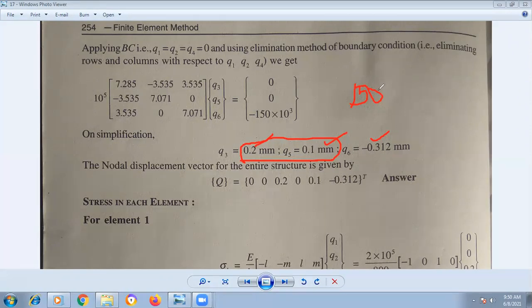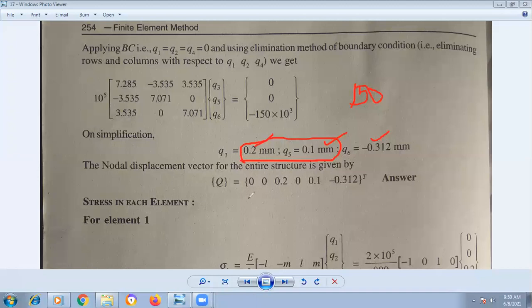One kg meter per second square. Even after applying so much force, the displacement in the truss is only 0.2 millimeter, right? So not even 1 millimeter, it is less than that.